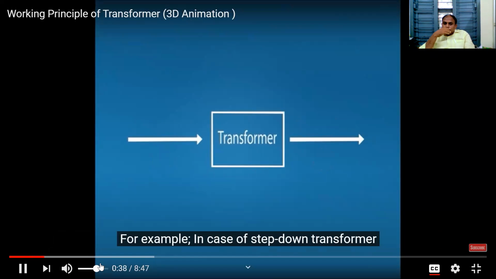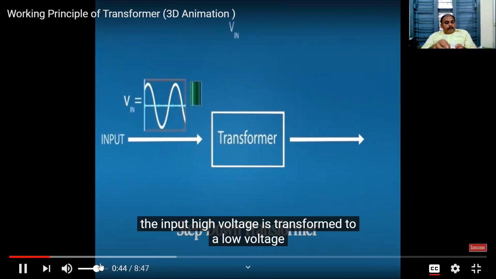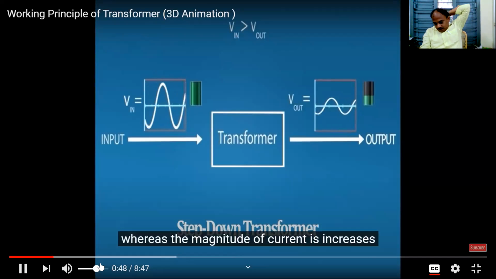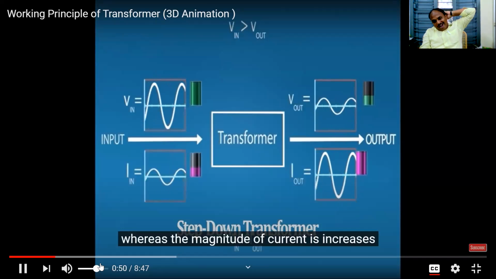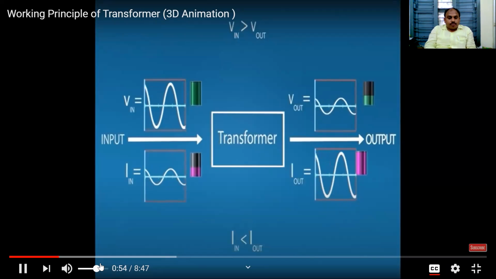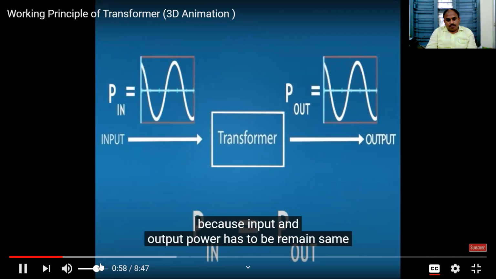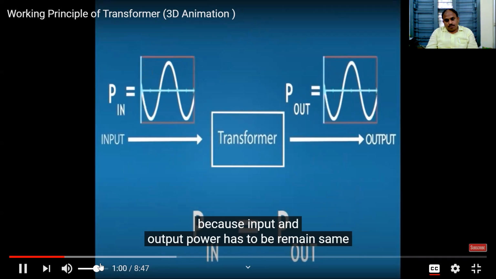For example, in a step-down transformer, the input high voltage is transformed to a low voltage, whereas the magnitude of current increases, because input and output power have to remain the same.